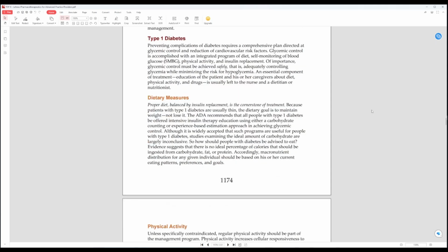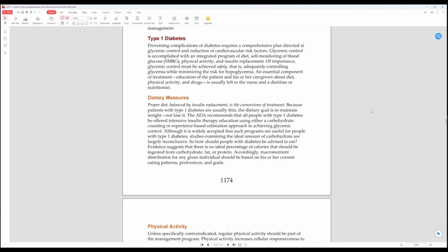So, we'll look at type 1 diabetes. Preventing complications of diabetes requires a comprehensive plan directed at glycemic control and the reduction of cardiovascular risk factors. Glycemic control is accomplished with an integrated program of diet, self-monitoring of blood glucose, physical activity, and insulin replacement.